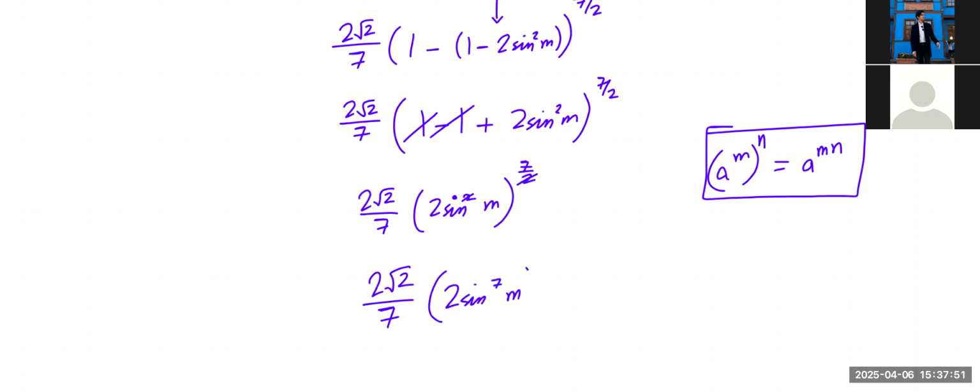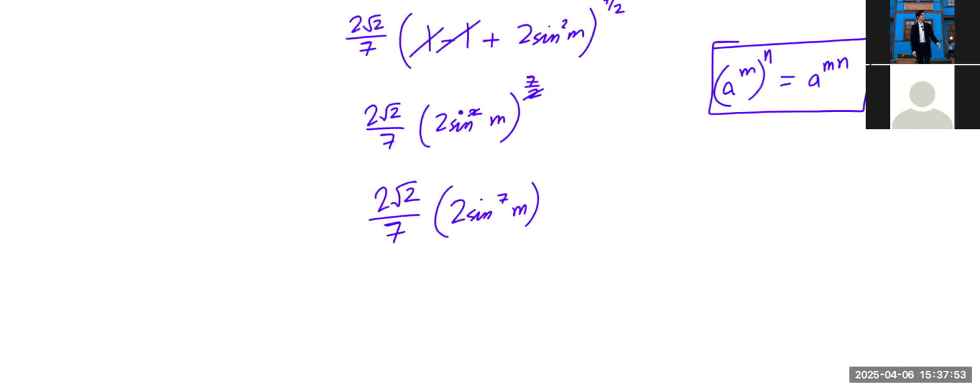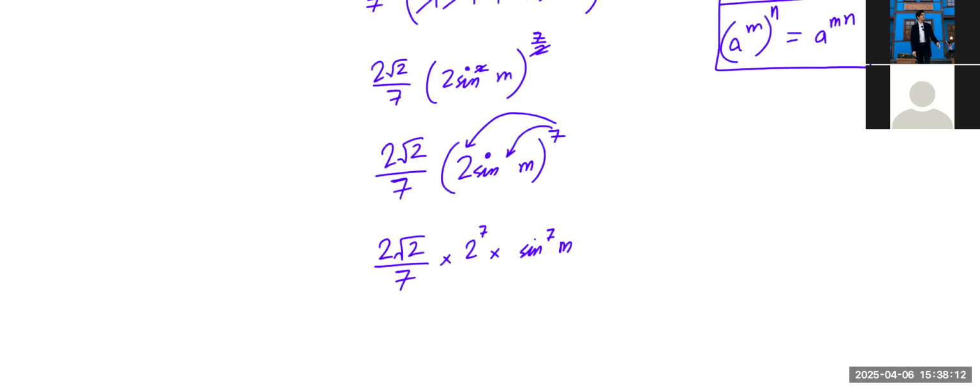Oh, my bad. There's a 7 outside. When I put the 7 in, the 2 will also get the 7. Both of them will get the 7. So finally, my final answer will be this guy times 2 to the power of 7 times sine to the power of 7m, which leaves me with whatever that is.